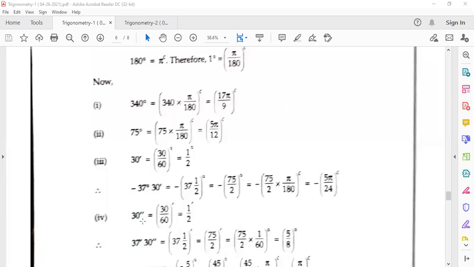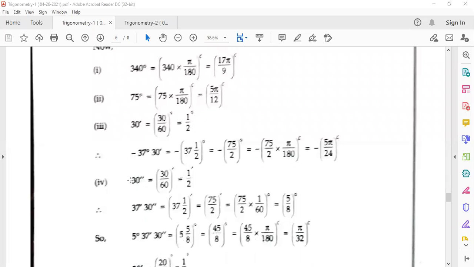Look at here, they have given minus 37 degree 30 minutes. At first we have to change it into degree, that means minus 37 and a half degree, that means minus 75 by 2 degree. Then only can we multiply this 75 by 2 into pi by 180. Then it is coming minus 5 pi by 24. Look at here, 30 seconds.